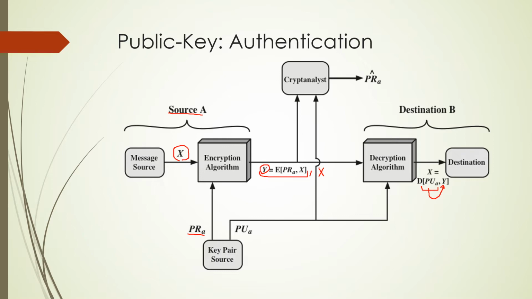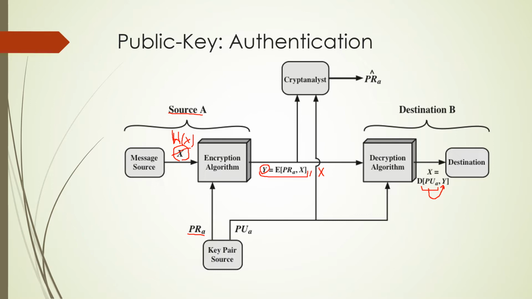We are going to apply it on the crypto hash value of X, so that we can save some time, because X can be very long, but the digest of X using a crypto hash function would be a constant size and, generally speaking, a smaller piece of message, and that would save some time and energy when you want to sign a message.